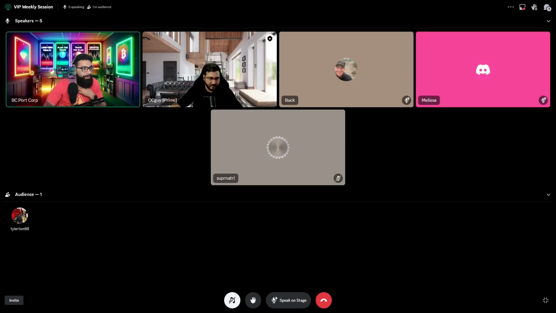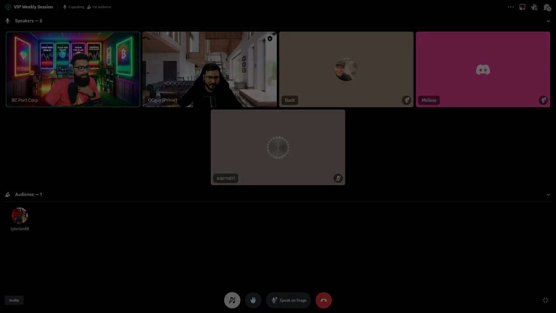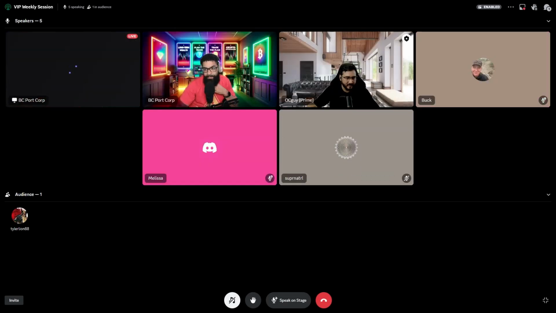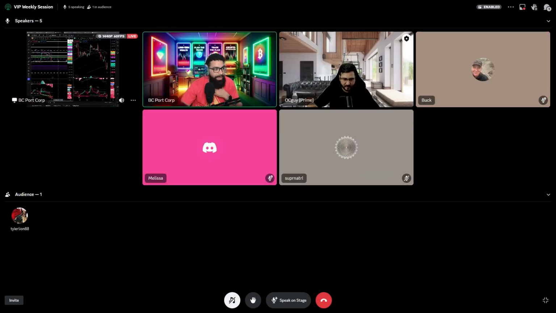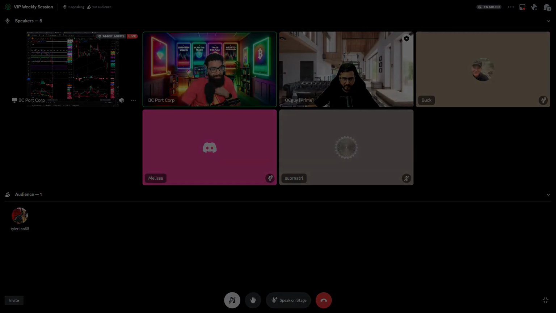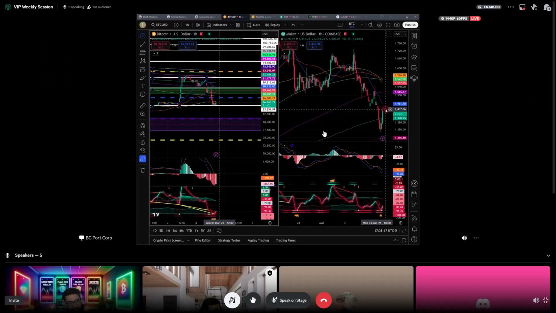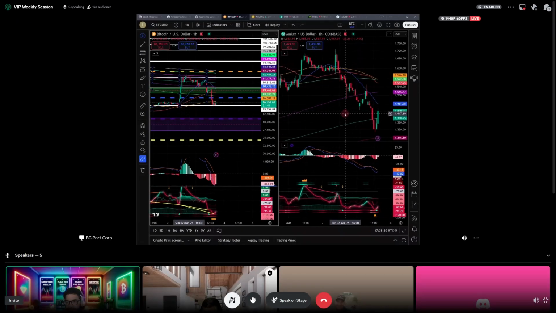Let's move that to a 1 hour. And then you can kind of see you've got that divergence quite heavily here. Because here's Bitcoin going down and then Maker going down at the same time, but Bitcoin not going up, Bitcoin moving sideways, Maker going up. So you might look for that retest.